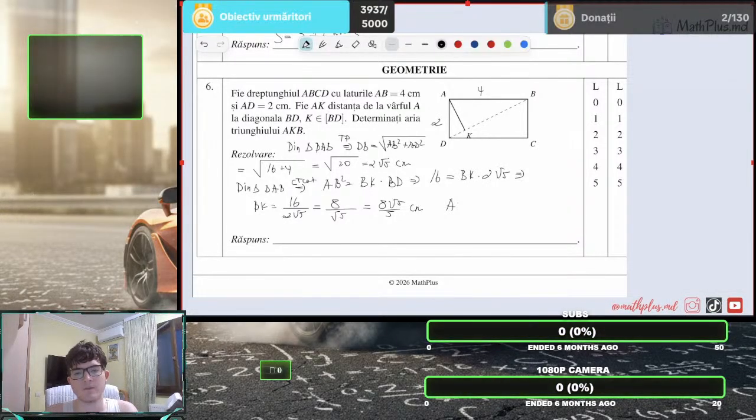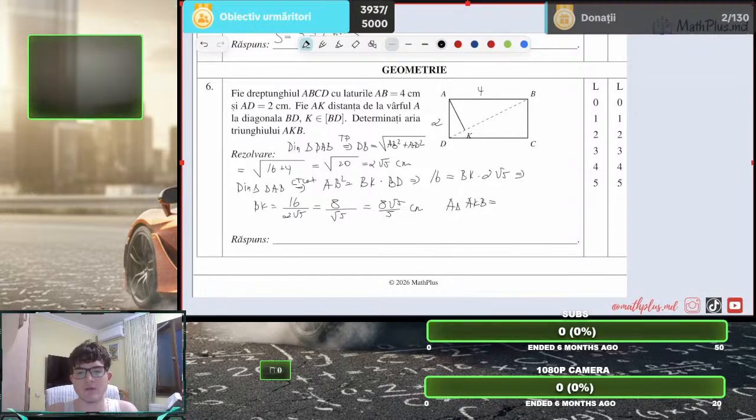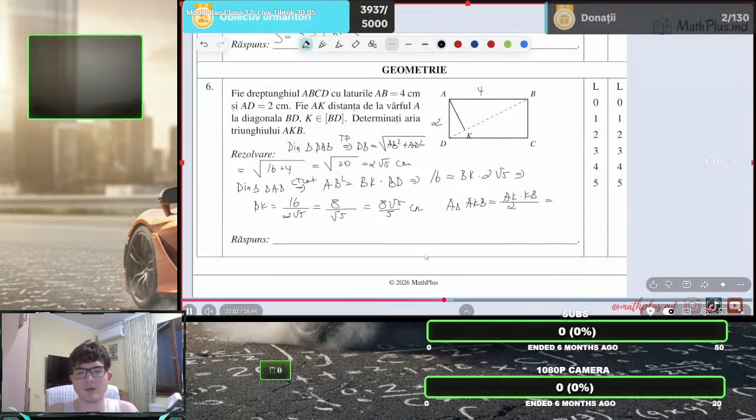Now we can find AK using Pythagorean. Basically, AB to the second power is going to be AK to the second power plus BK to the second power. So we can find this, and then we can find the area of the triangle, right? The area of triangle AKB is AK times KB divided by 2.